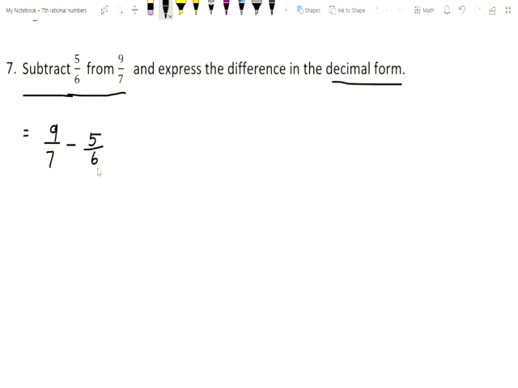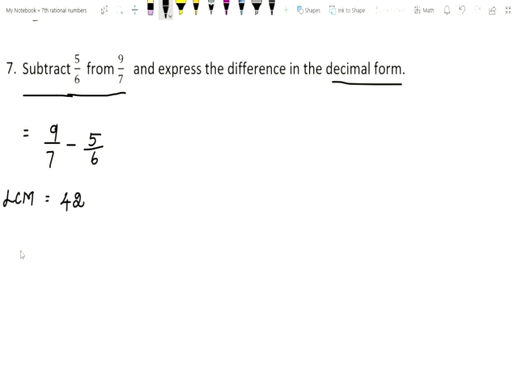Okay, see the denominators. Here the denominators are different, so we have to take the LCM. Are there any common factors other than 1 for 7 and 6? There is no common factor except 1. So what do you want to do? You just multiply the numbers directly. That is the LCM. So LCM equals 7 times 6, 42.